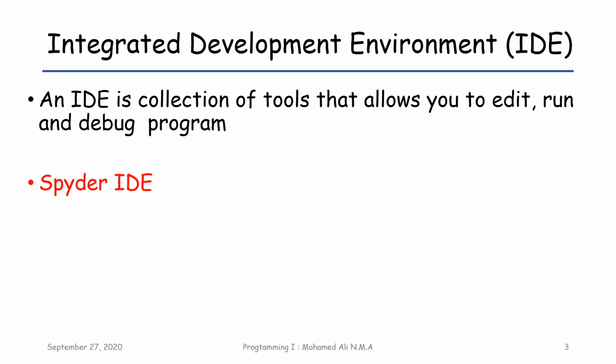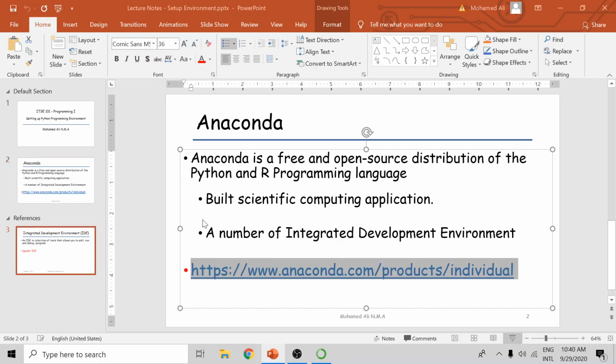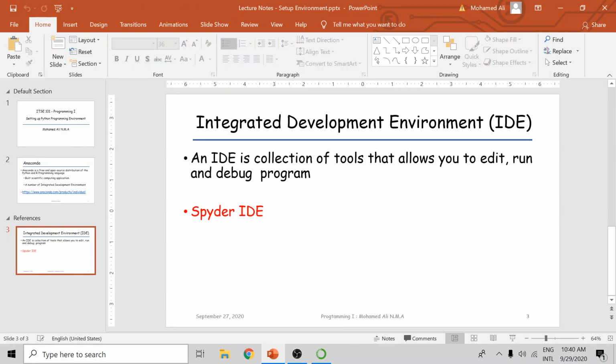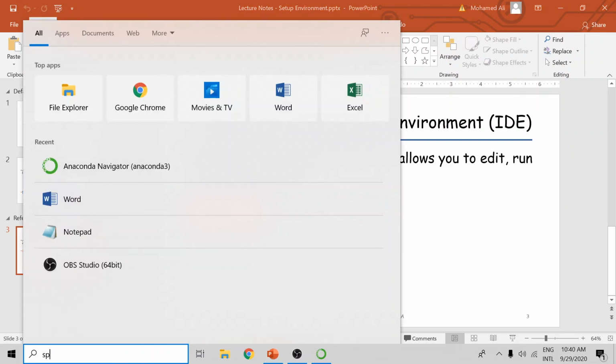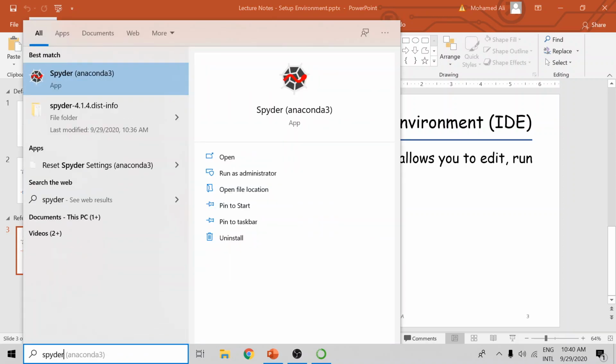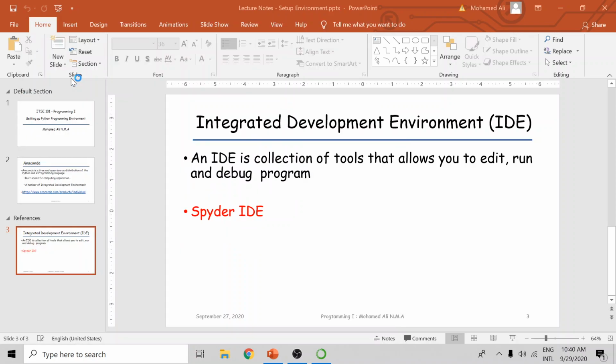You open Spyder IDE and you can type the program and run the program. You can also open Spyder IDE directly from the Windows search bar. Just type Spyder, the application comes up, and just click on this.